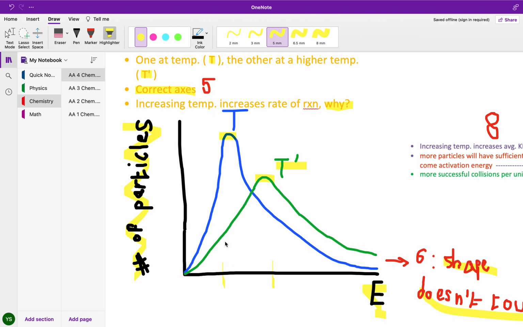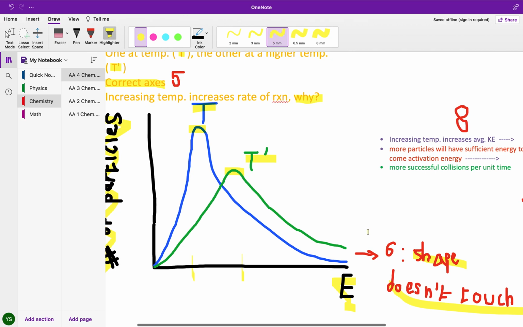In general, more particles will be able to collide and successfully react than at the original temperature T. Therefore, the curve of the higher temperature must also be flatter. And that's what happened here. So that's the correct shape.